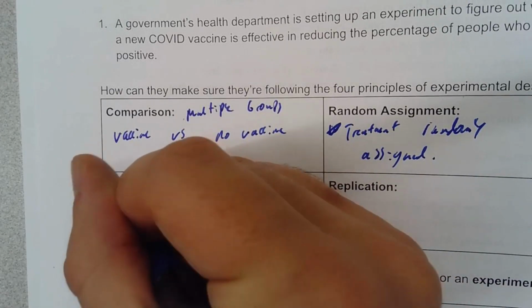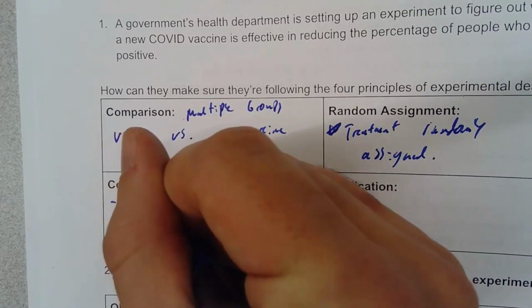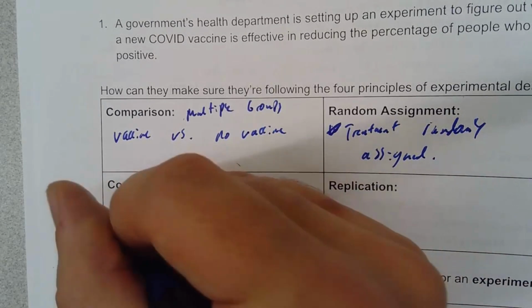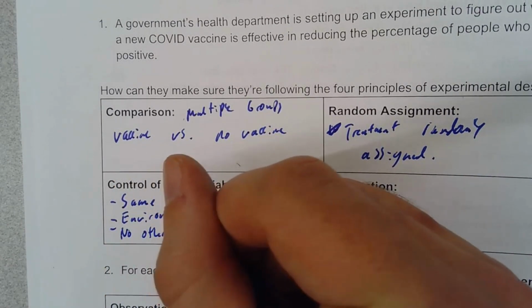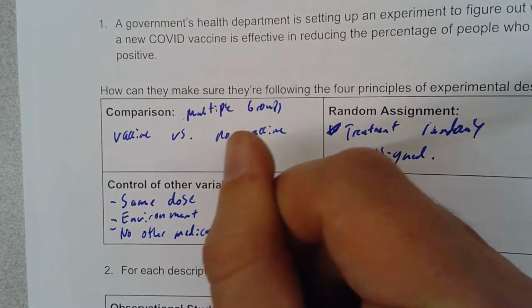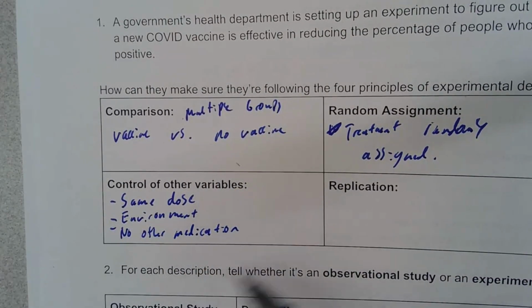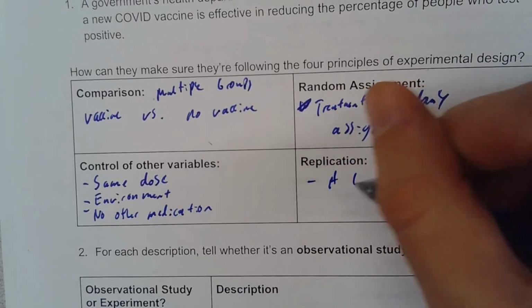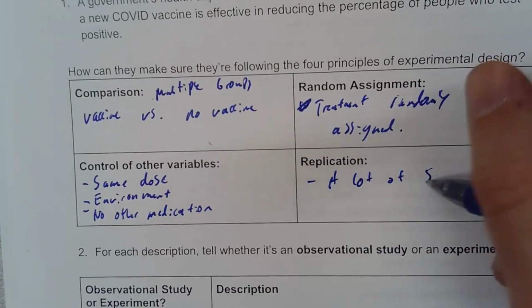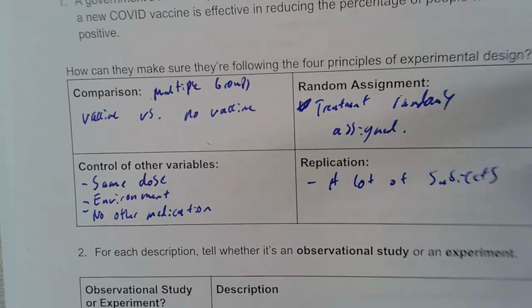Environment is the same, like no other medication, right? You wouldn't want other medication to influence anything. And then replication, like a lot of subjects, a lot of people that you're doing it on. Okay.